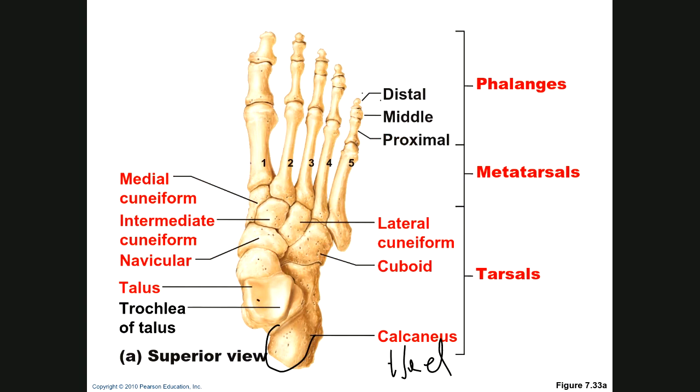So talus is ankle, calcaneus is heel. And then we have the actual tarsal bones right there. And from the tarsal bones, these little elongated bones are going to be the phalanges, same way as the phalanges of the hand. They are labeled 1, 2, 3, 4, 5 in the direction from the big toe.